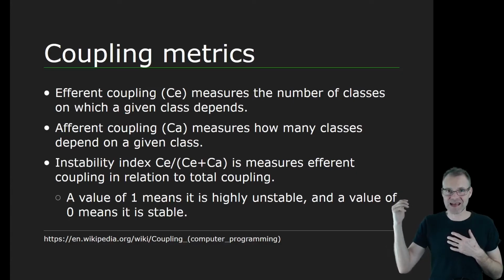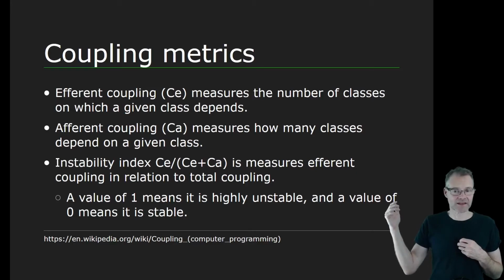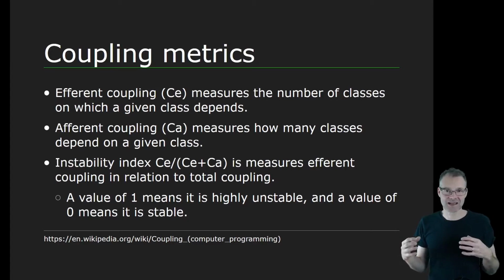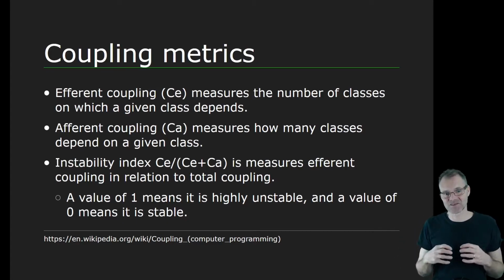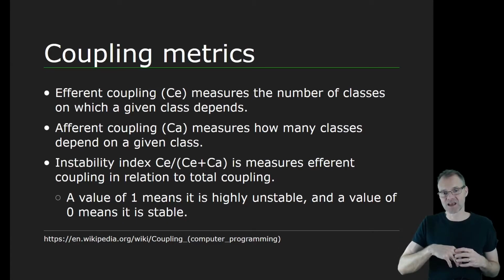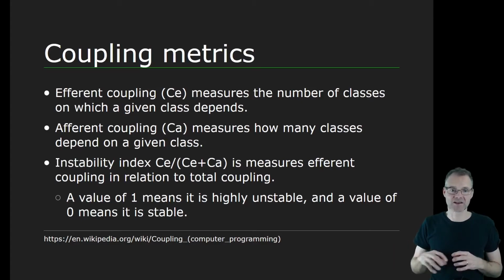That means this is highly unstable, since it's very tightly coupled to other modules. And when we have a value of 0, it means a bit more stable, since it's loosely coupled, or it has no couplings to other modules. Okay, good.